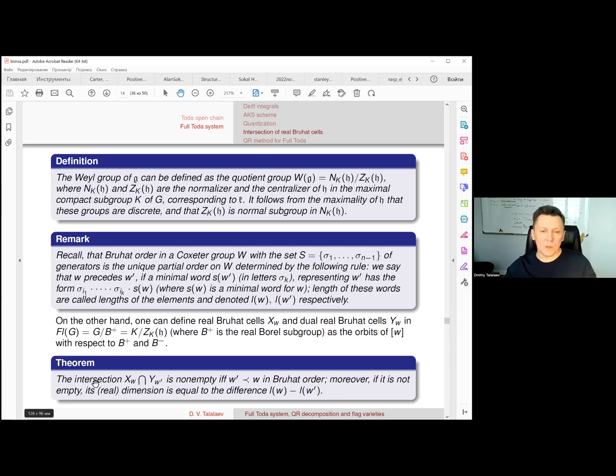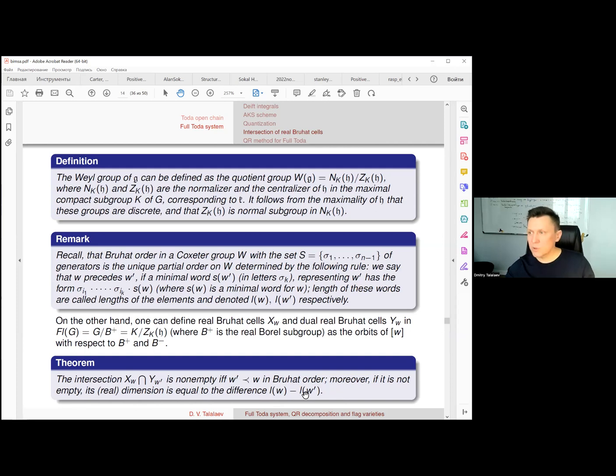So the theorem which we managed to prove with my colleagues states the following: that the intersection of a Bruhat cell corresponding to an element W and the dual Bruhat cell corresponding to an element W prime in the real case is non-empty if and only if W prime precedes W in Bruhat order, and moreover, in this case, if this intersection is non-empty, the dimension of the intersection is just the difference of lengths of these elements.